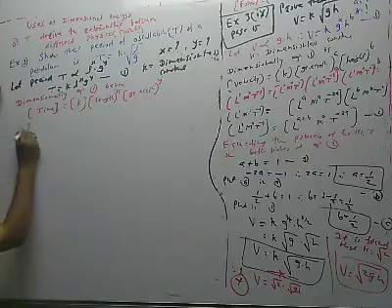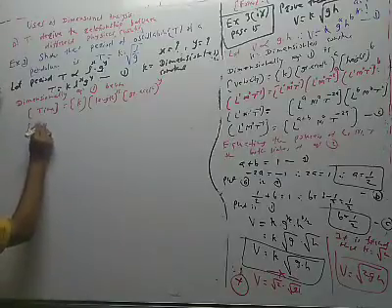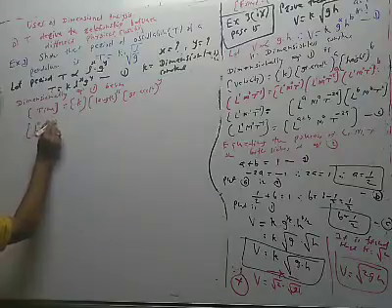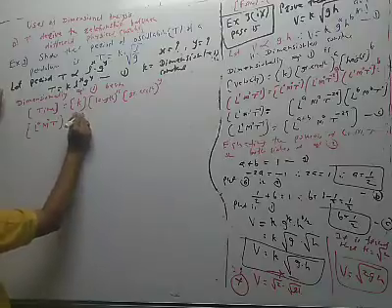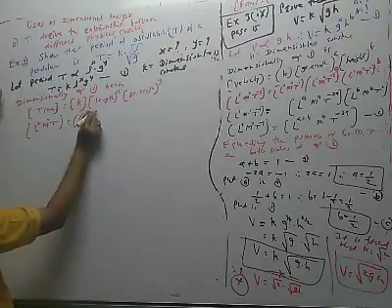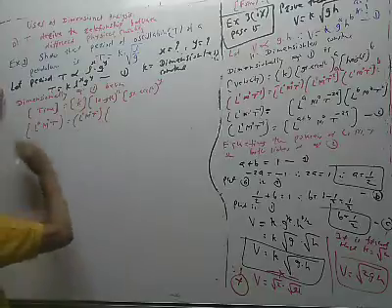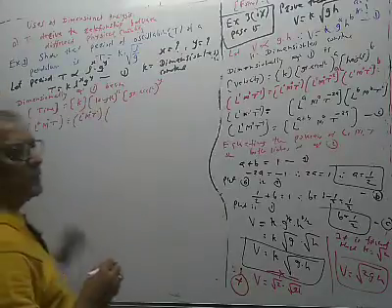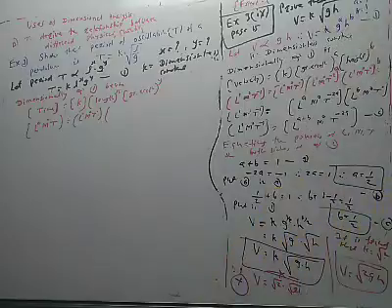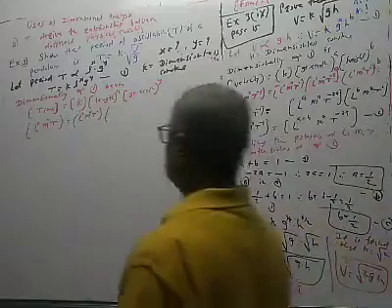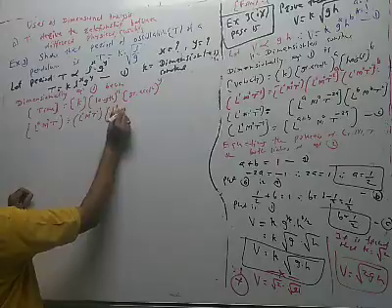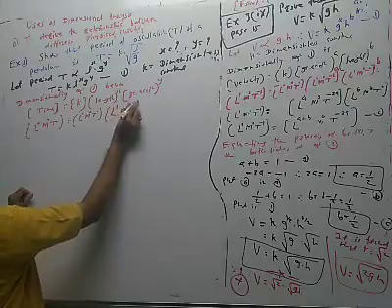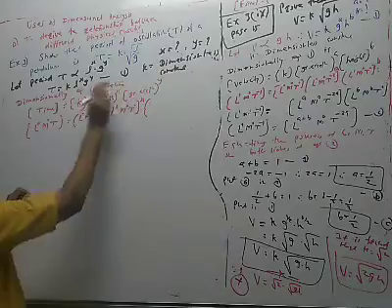So time is a fundamental quantity. So L raised to 0, M raised to 0 and T raised to 1. K is a dimensionless constant, so its dimensions are L raised to 0, M raised to 0, T raised to 0. Now, dimensions of length. Length is again a fundamental quantity, and therefore its dimensions are L raised to 1, M raised to 0, T raised to 0, and bracket raised to X. Acceleration.